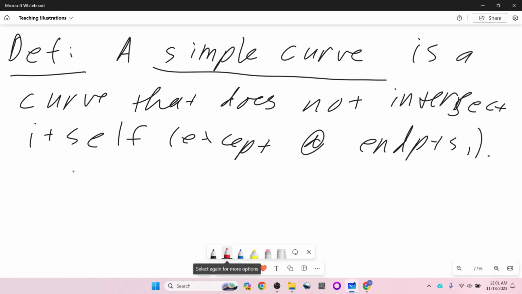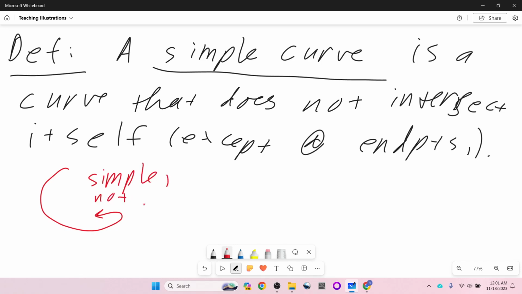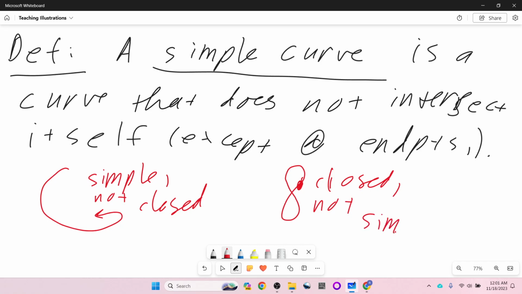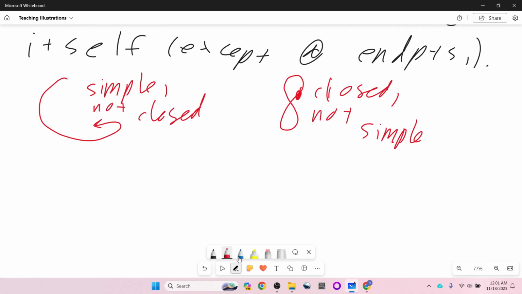So this curve is simple but not closed. This curve is closed but not simple. This curve here is both closed and simple.